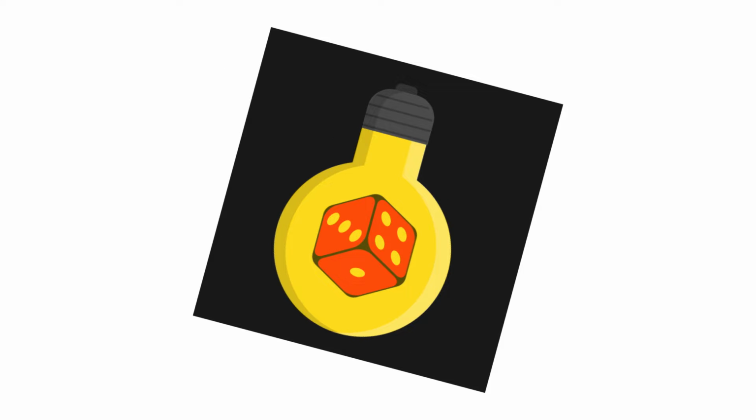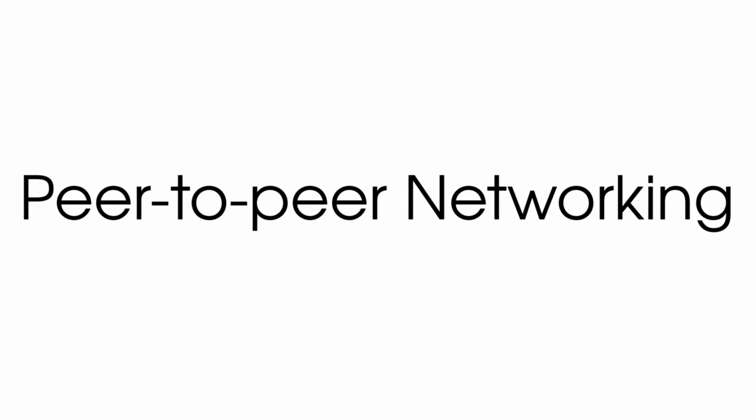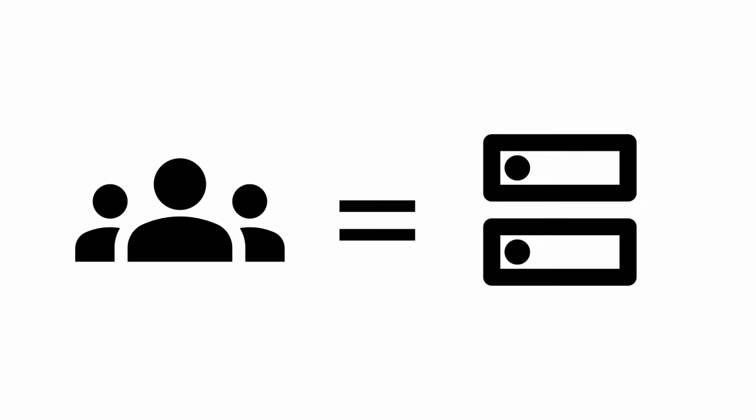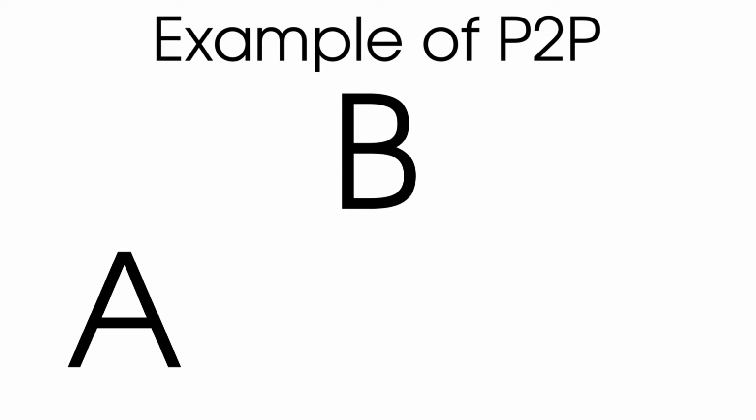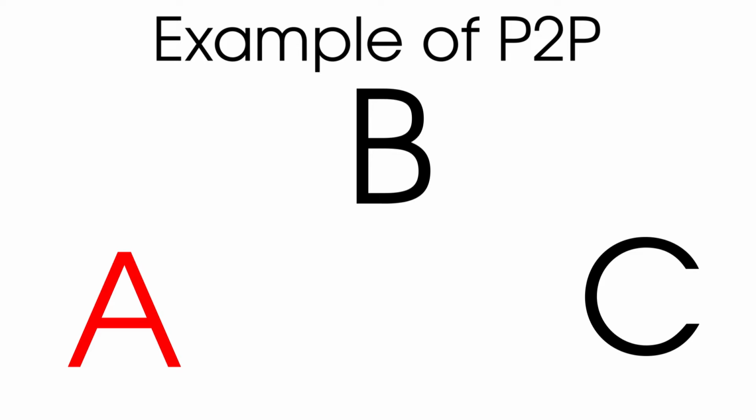If you search about multiplayer, peer-to-peer networking is nothing but the player acting like a server. For example, there are 3 players playing on peer-to-peer networking, and A is the host, and if B moves in the game, it will first update for A, then C, and the same when C moves.